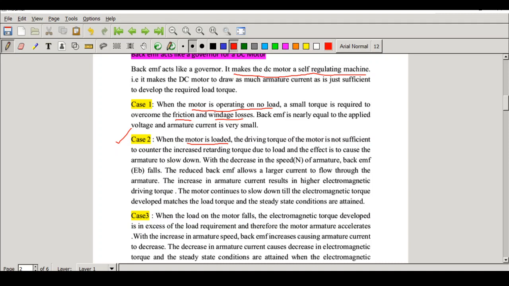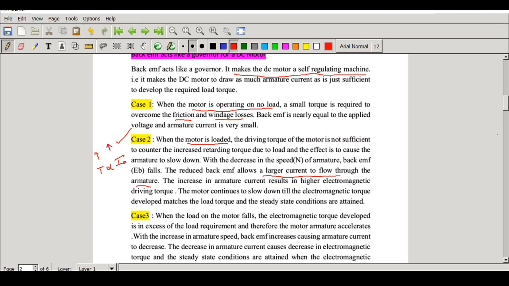When we need an increased torque, we need a larger current to flow through the motor armature, because torque is proportional to the current. So if the load requirement is very high, then in order to increase the torque, the current has to be increased.